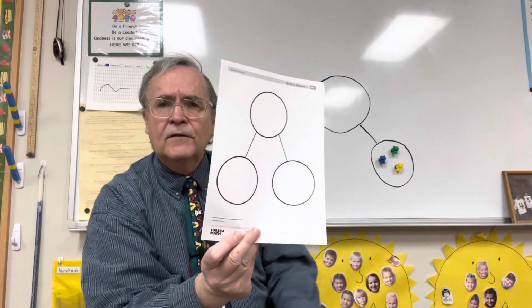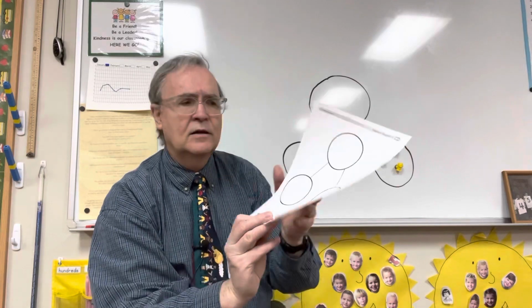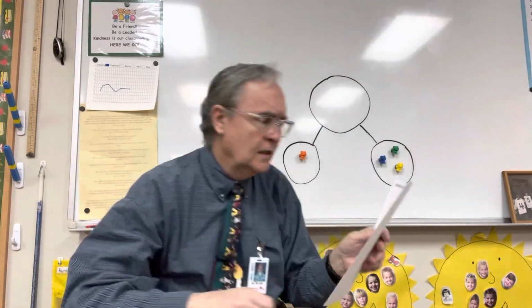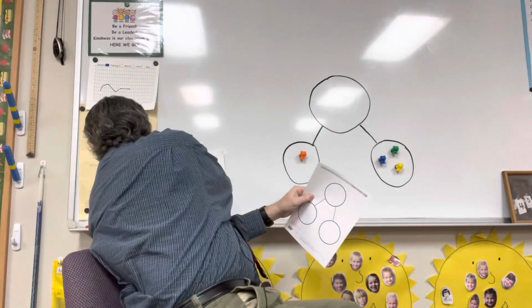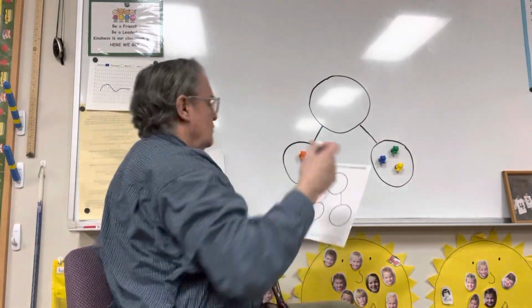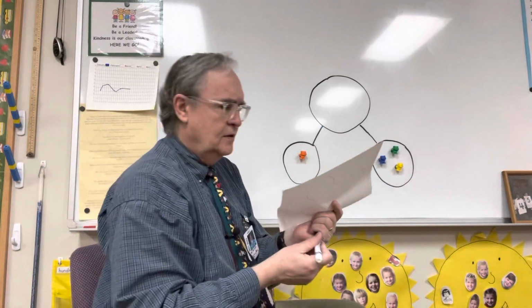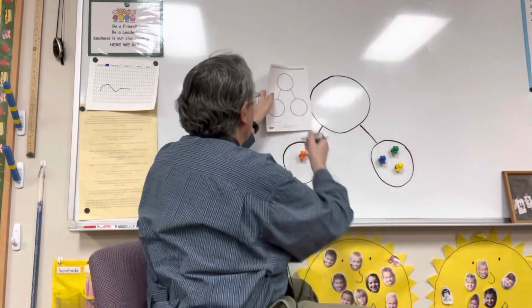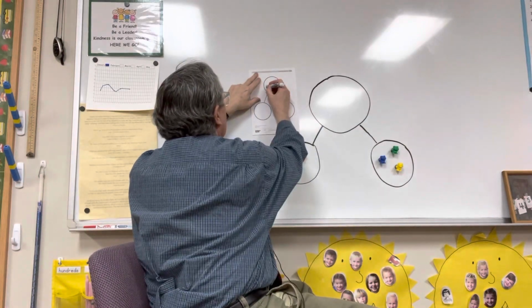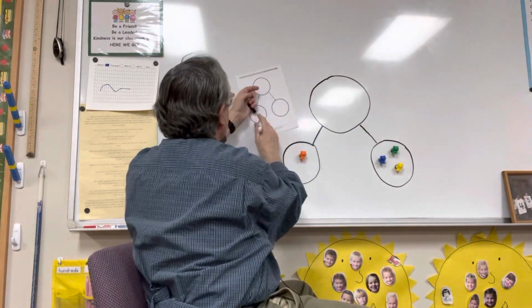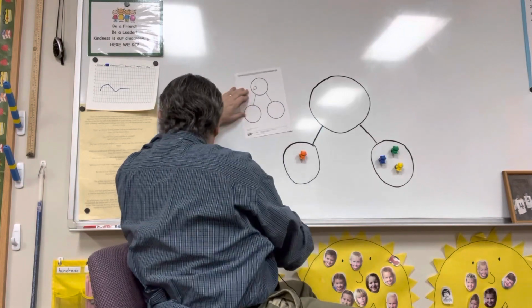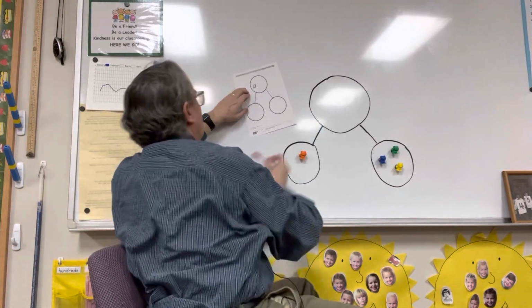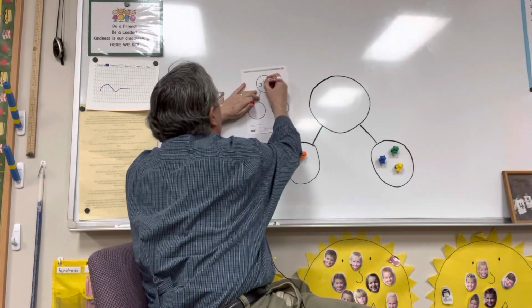Okay. You remember, on Friday we worked with this that had a number bond in it. What I'm going to do is I'm going to take a marker and I am going to draw the parts for this. I'm going to draw 1 black square, and then I'm going to draw 3 red squares.